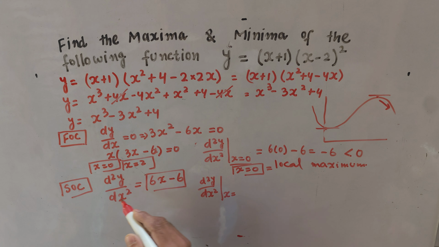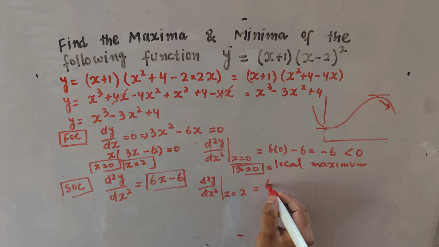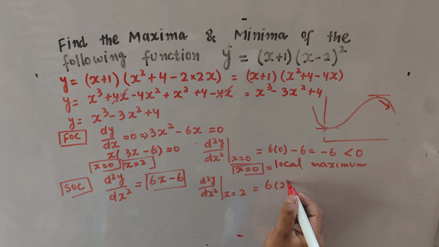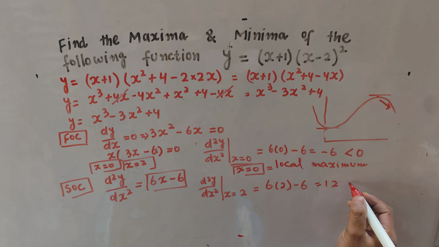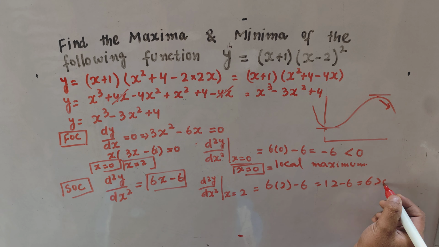Now let us find out d square y upon dx square at the other critical point, that is x is equal to 2, and let us find out what the sign of our second derivative will be. So we have 6 times the value of x, which is 2 this time, so 6 into 2 minus 6, which is equal to 12 minus 6, which is equal to 6, which is greater than 0.